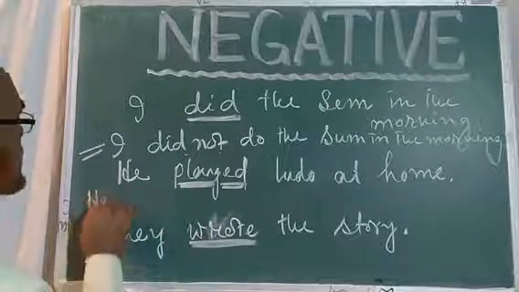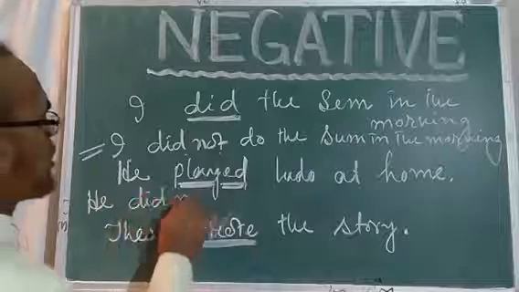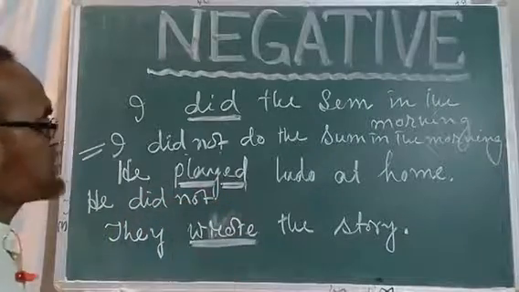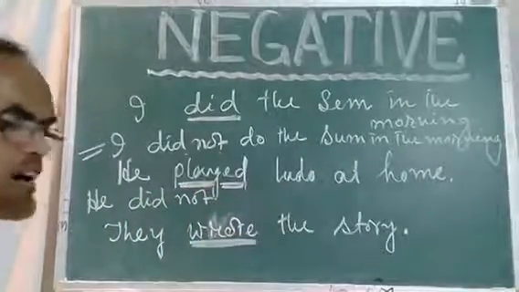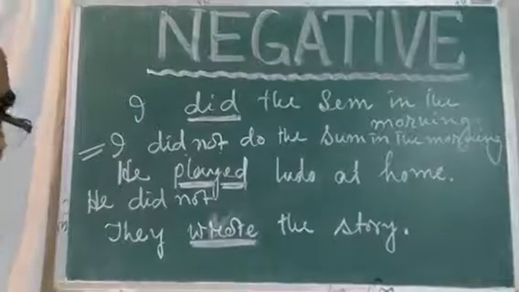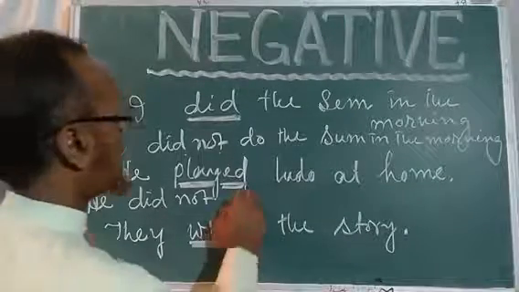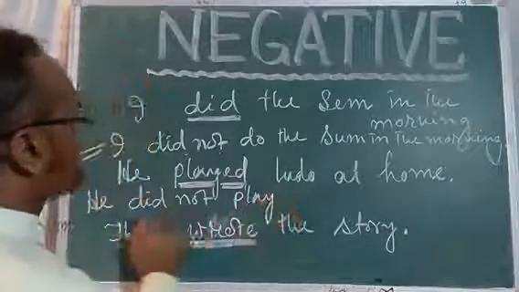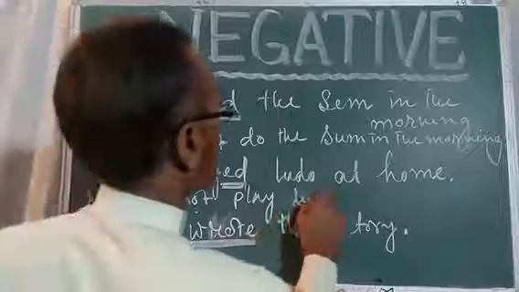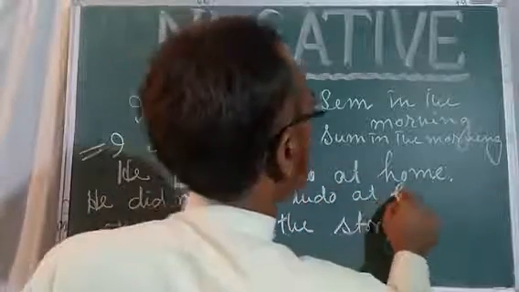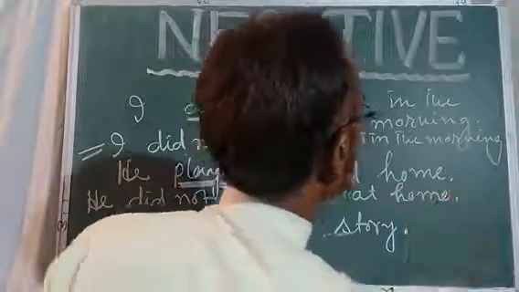Like the first sentence, we can write the second sentence also. That is, he did not play. Here the verb is played, and the present form of the verb is play. He did not play Ludo at home.